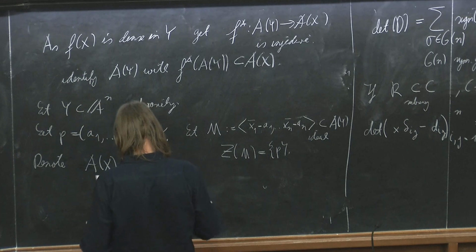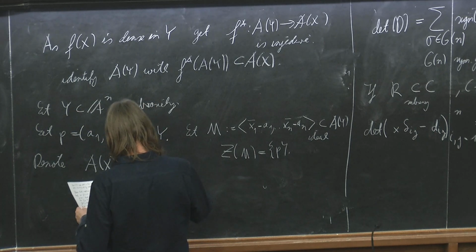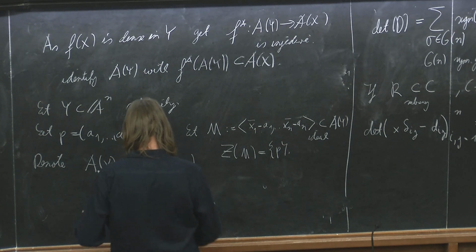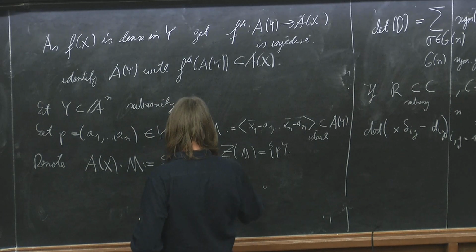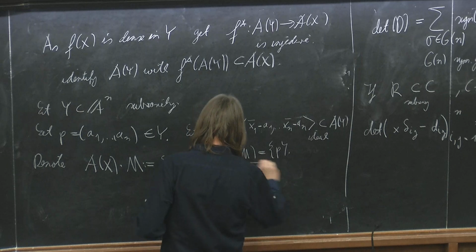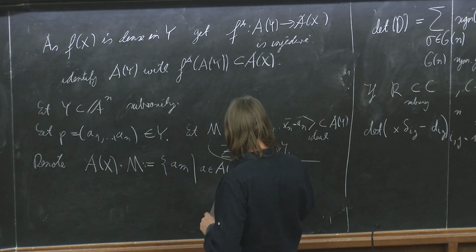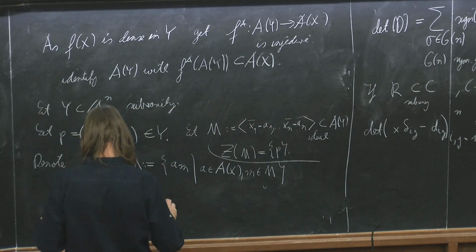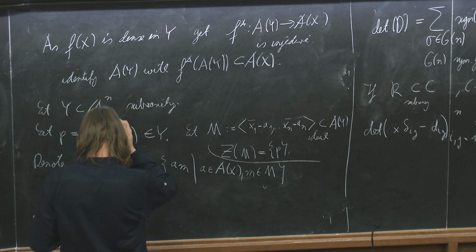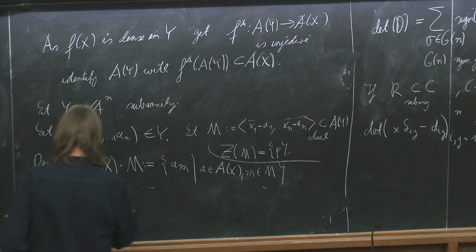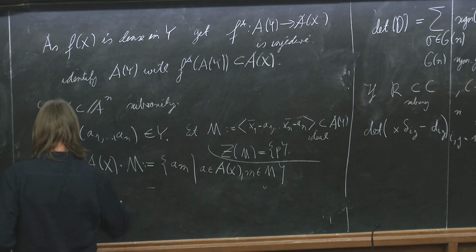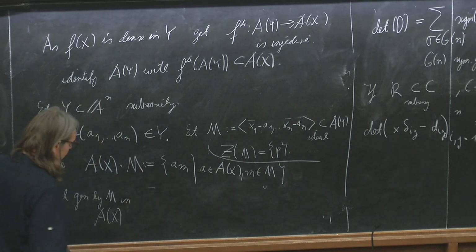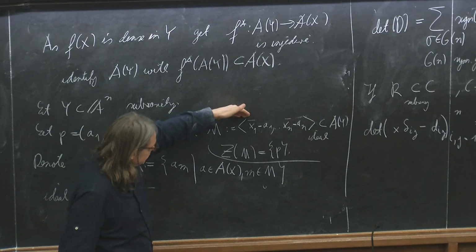This is just the set of all sums of a times m with a in AX and m in M. And notice this is the same as the ideal generated by these generators.